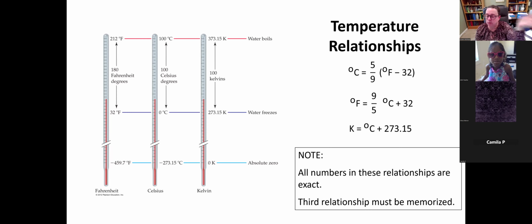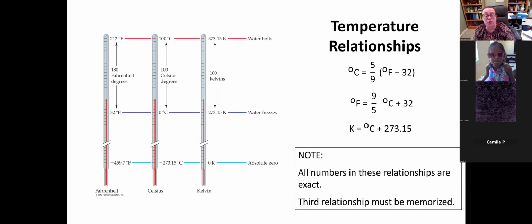So to throw our brains back to where we were on Wednesday, that means that these numbers have no uncertainty in them. In fact, if we were to write them out to show how perfectly perfect they are, we would have to write out something like 32.0000000 on into infinity. And we're just not going to do that. But we are going to just have in our heads, these are exact numbers.